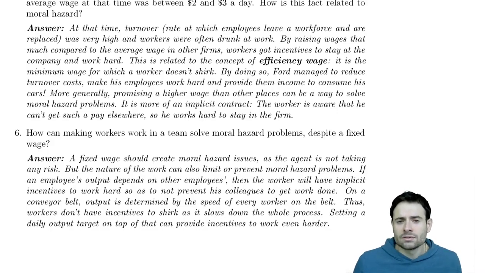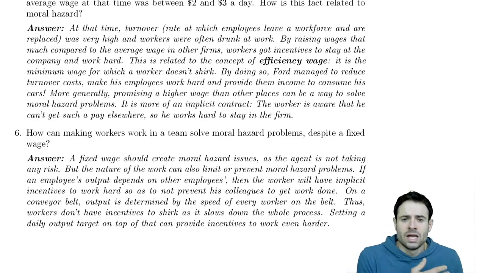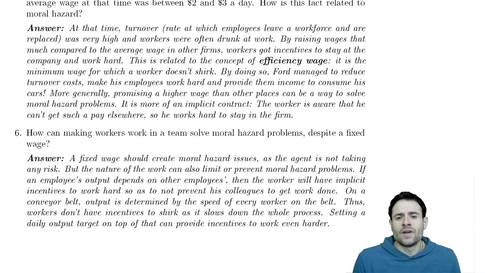On a conveyor belt, you could think about that too. Output pretty often is determined by the speed of every worker on the belt. Thus, workers don't have incentives to shirk as it slows down the whole process. If one person on one end of the belt is way too slow, then it prevents you from getting your work done.